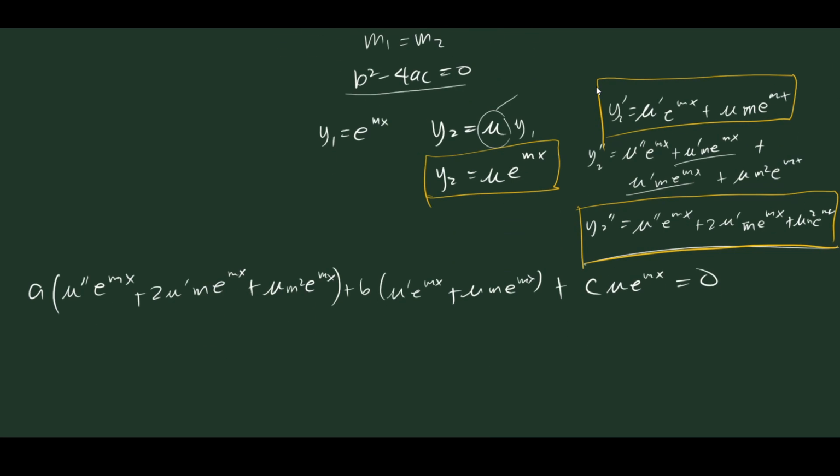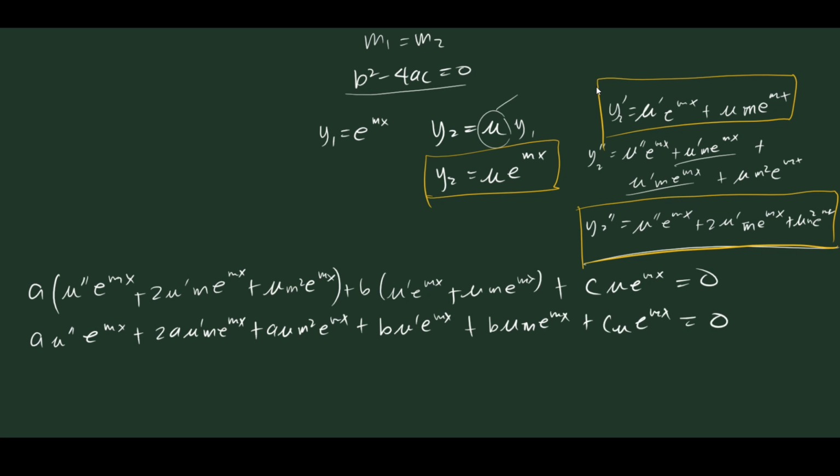Okay, so there we have it. If we distribute this, we will get a mu double prime e raised to mx plus 2a mu prime m e raised to mx plus a mu m squared e raised to mx plus b mu prime e raised to mx plus b mu m e raised to mx plus c mu e raised to mx is equal to 0.